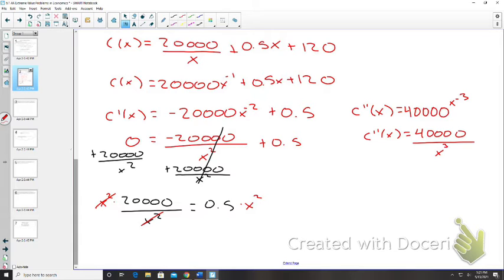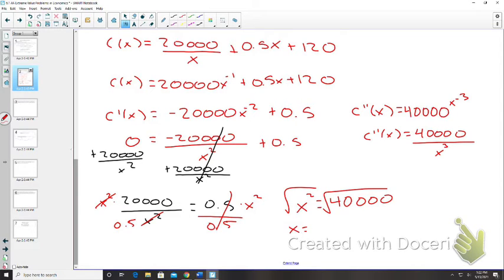To get x by itself, I'm going to also divide by 0.5. Those cancel. Now I'm left with x squared is equal to 20,000 divided by 0.5, which is 40,000. Lastly, we'll take the square root of both sides, and get an x value equal to 200.